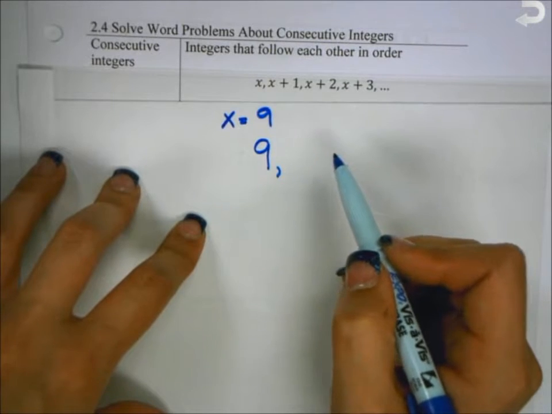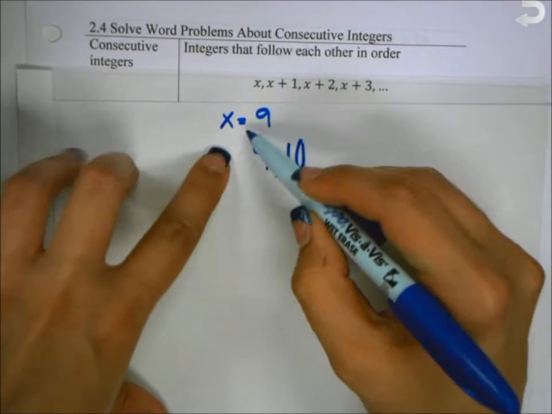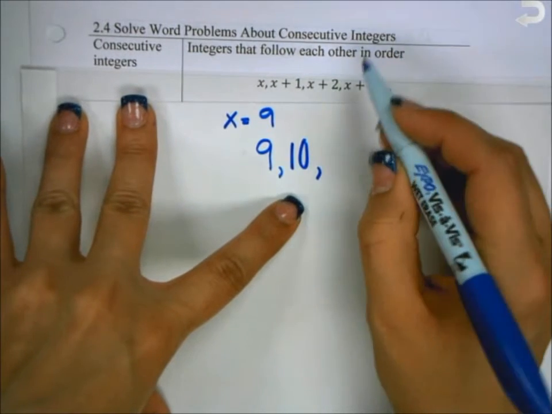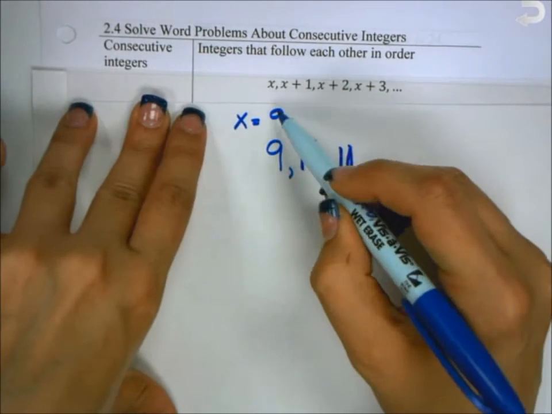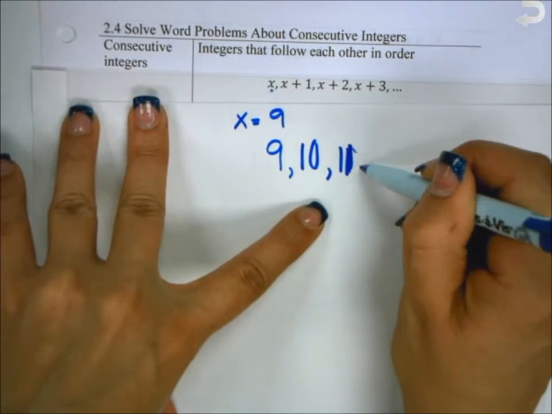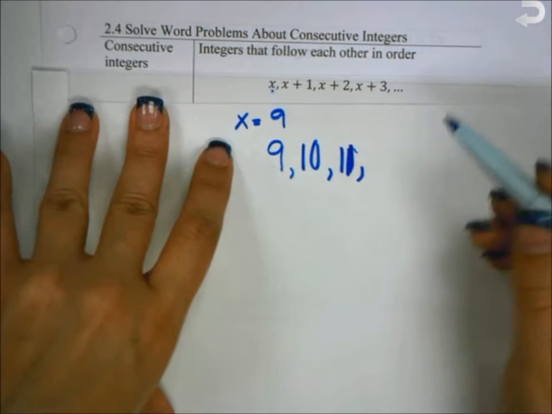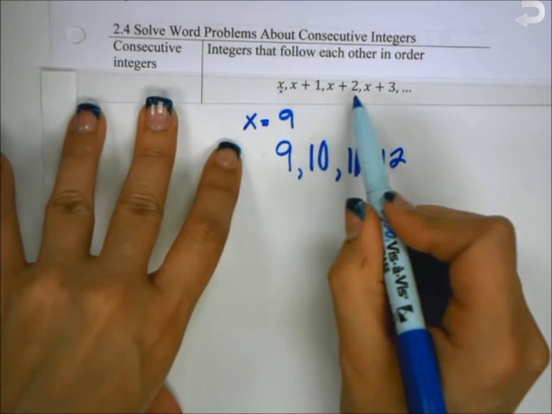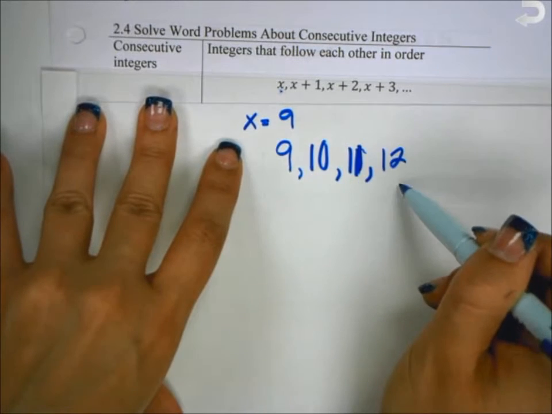It's 10. And what's x plus 1? 10. What comes after 10? 11. What's x plus 2? 11. Oh, I wrote 10. Okay, after 11, what comes next? 12. What's x plus 3? 9 plus 3 is 12.